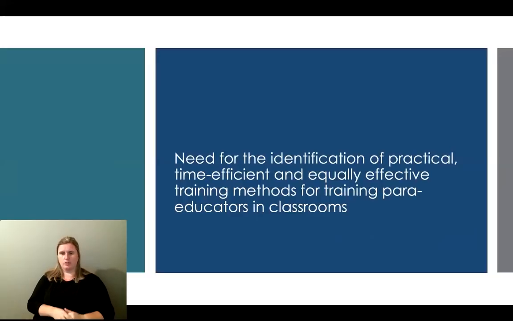We know that the realities in special education classrooms, as I mentioned, with ratios and responsibilities of teachers, make these kinds of training, though effective, very difficult to implement sometimes with the frequency that we would actually desire.